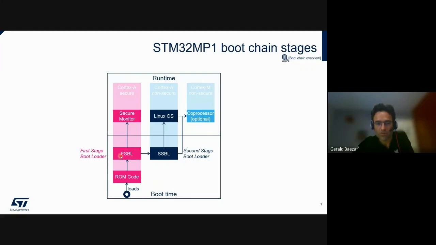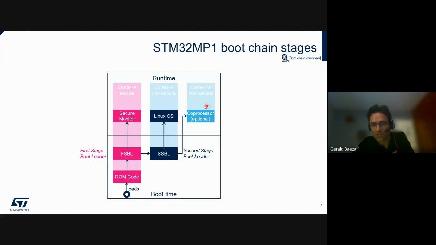The first stage bootloader will load the second stage bootloader on the non-secure side, the SSBL, and then it will load the secure monitor and jump to it to run the secure monitor in the secure context. On the non-secure side, the second stage bootloader will load the Linux OS, which will execute the application for the non-secure world.